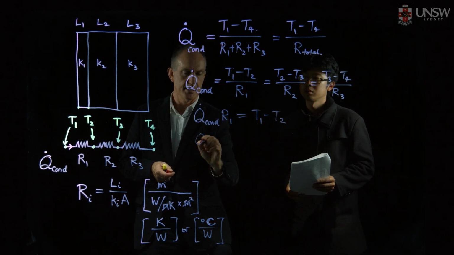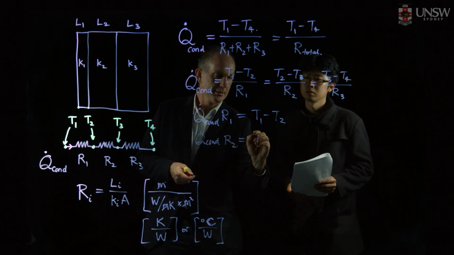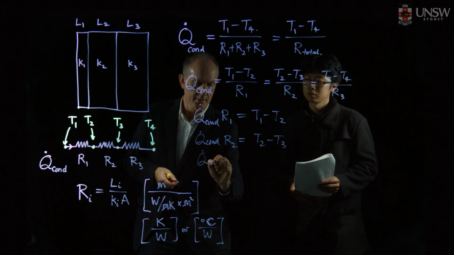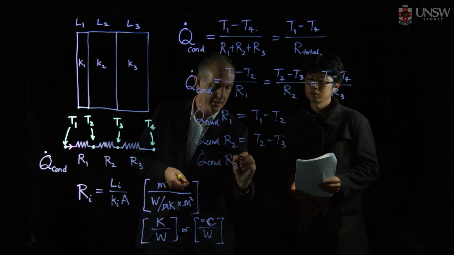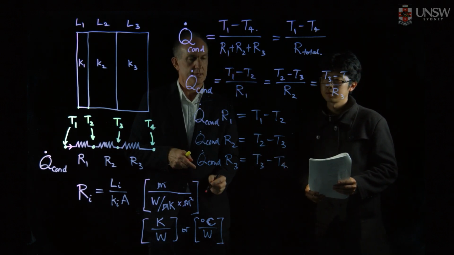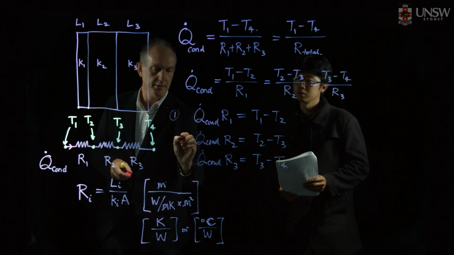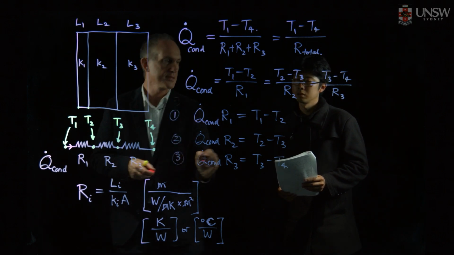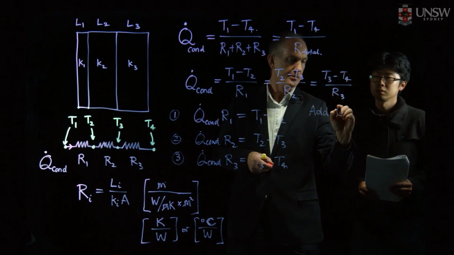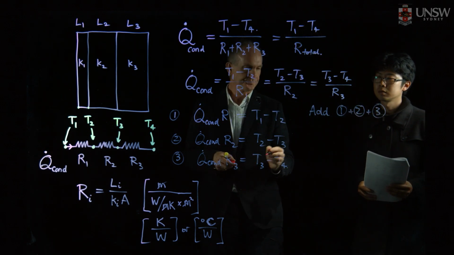And we can write that again for R2 and for R3. So we have three equations, 1, 2, 3. Let's just add 1 plus 2 plus 3 and see what we get.